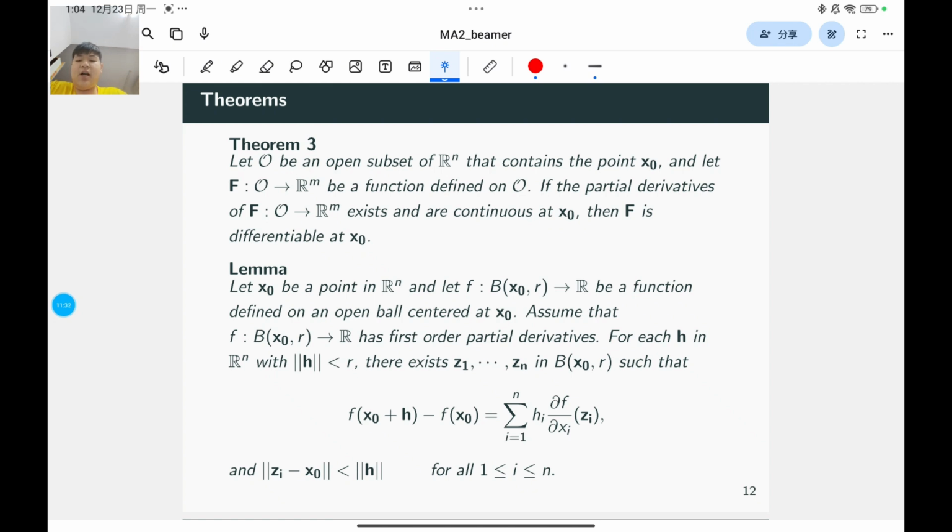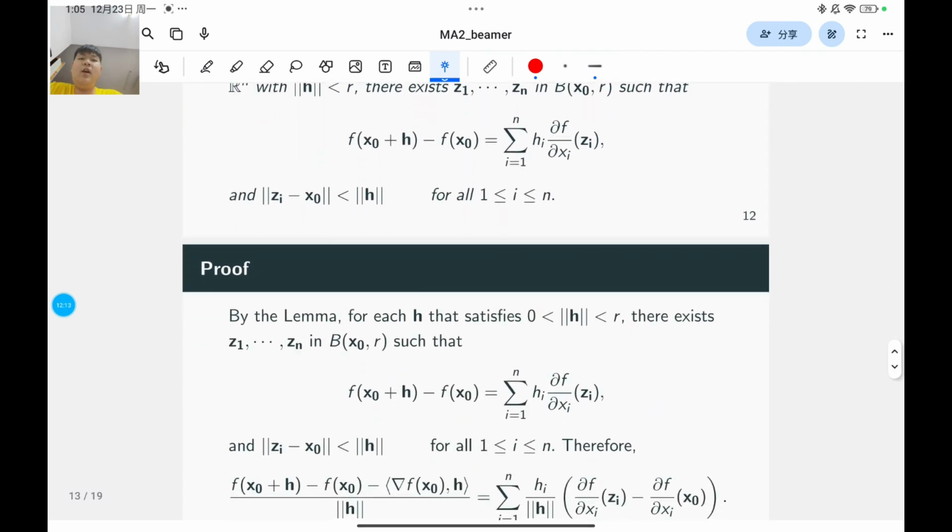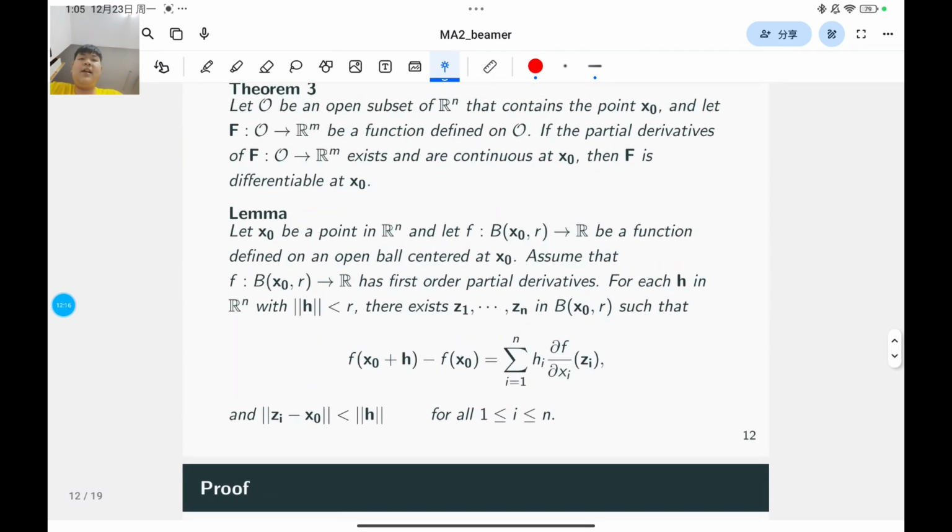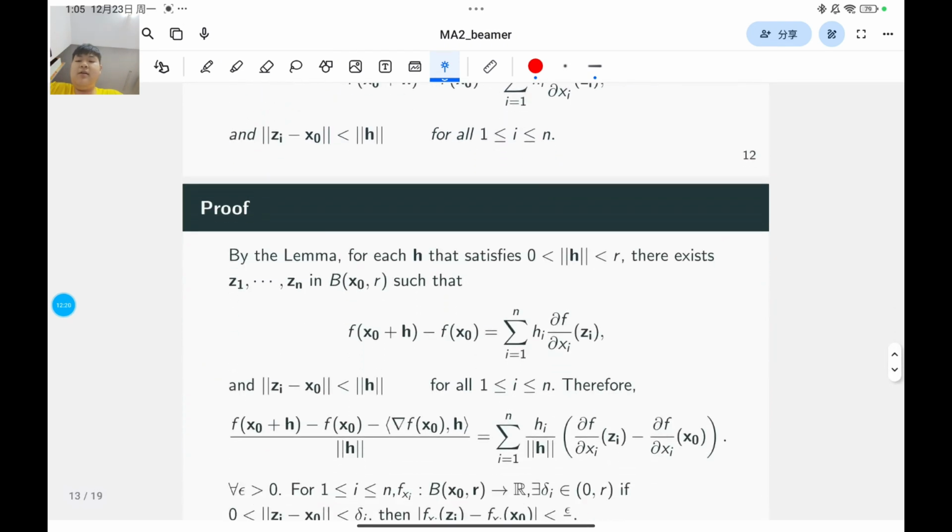For each h in Rn with the length of h less than r, there exist z1, z2, up to zn in the ball such that f(x0 + h) minus f(x0) is equal to the summation of hi times the partial derivative with respect to xi at zi, and the length of zi minus x0 is less than the length of h, for all i between 1 and n. The proof is in the textbook, page 229. Let's see the proof.